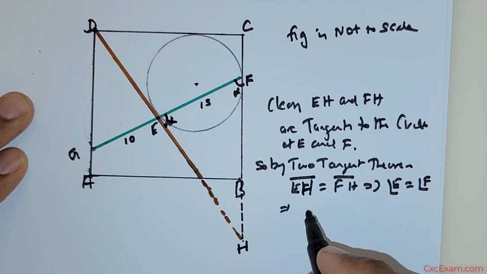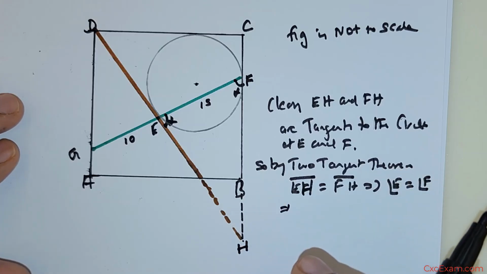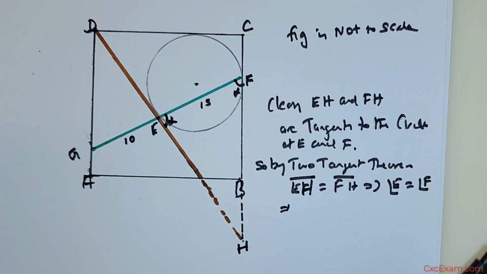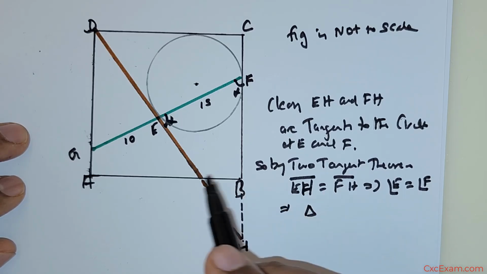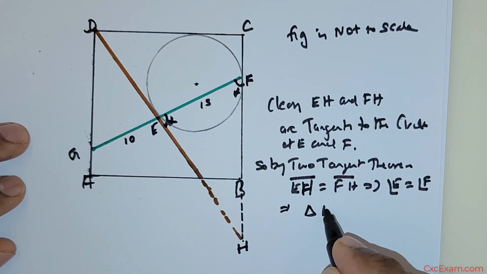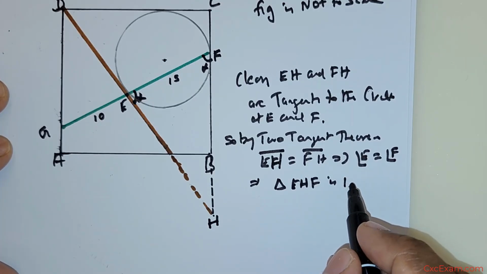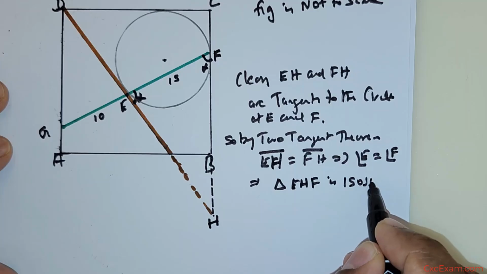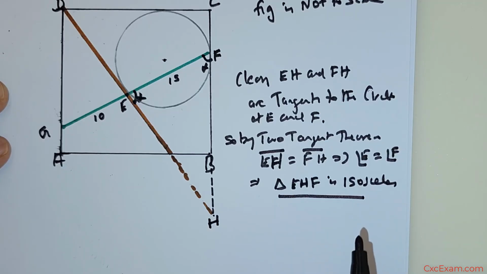So this would mean we now have a triangle which is isosceles in nature. Okay, this means triangle EHF is isosceles, right? So that is an important observation.